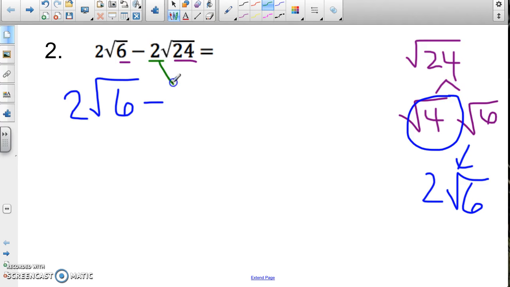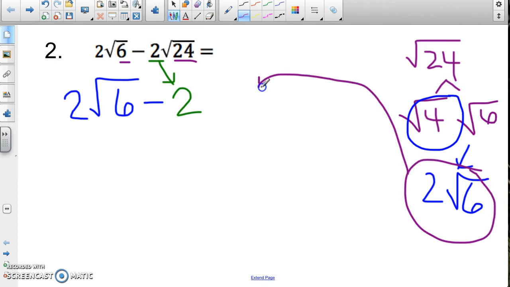So what you should do is write it down first before you forget, and then bring over what radical 24 is simplified to, and it's simplified to 2 radical 6. So we're going to do a little dot for multiplication, times 2 radical 6.